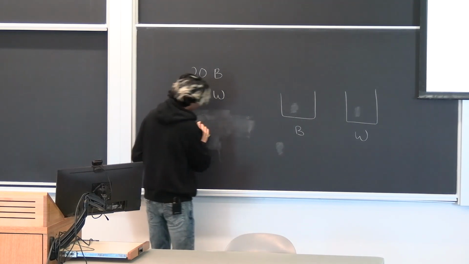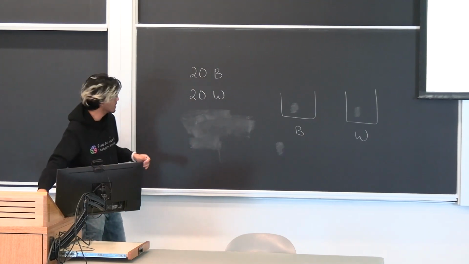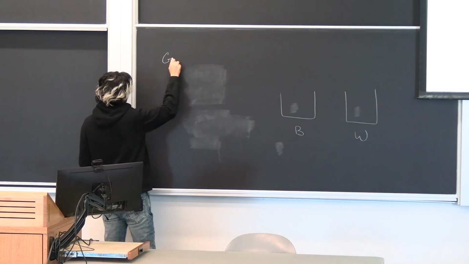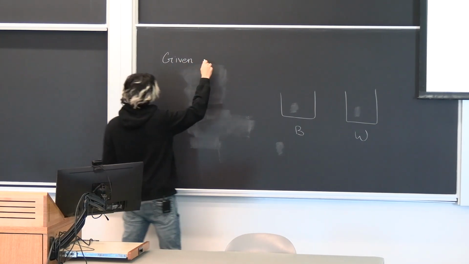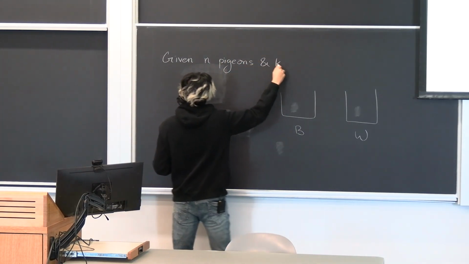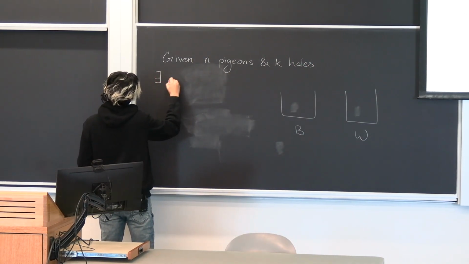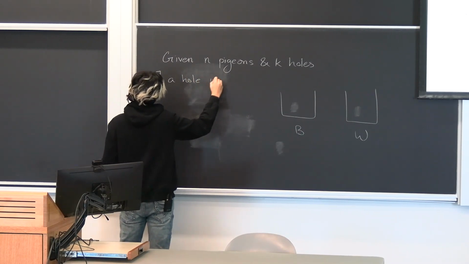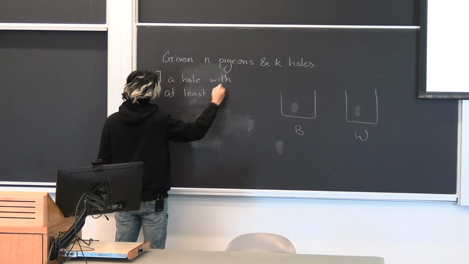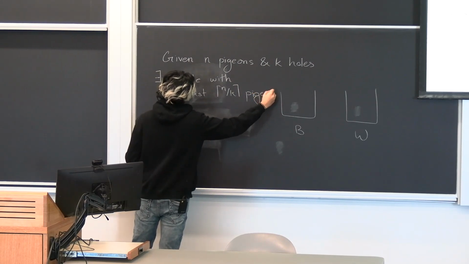So an important point to note here is that this ceiling formula actually comes with a statement. And the statement is, given n pigeons and k holes, there exists a hole with at least ceiling of n over k pigeons.